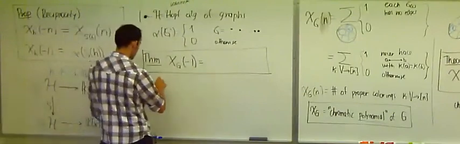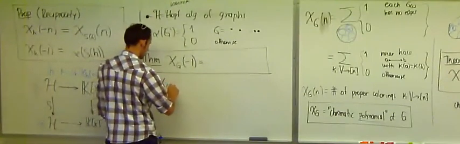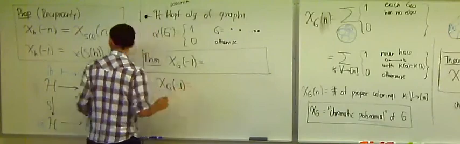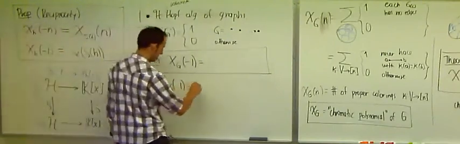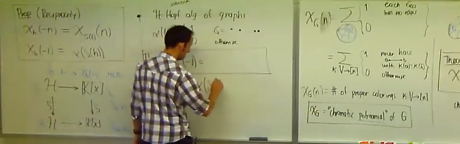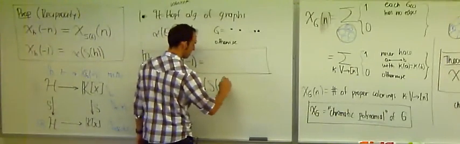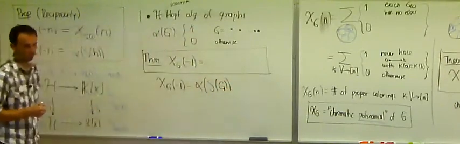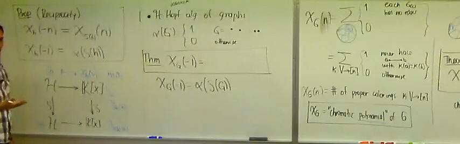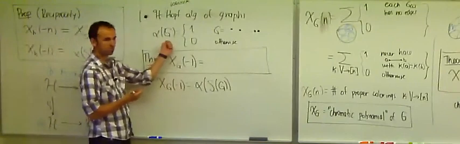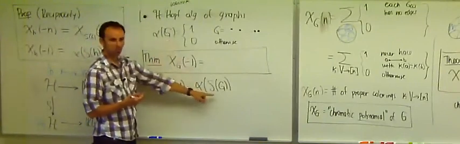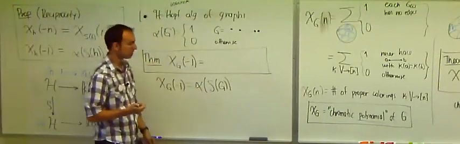So, what is it? Chi g of minus 1 is applying alpha to S of g. Now here's where you hope that you've understood this Hopf algebra well. Alpha is easy. Alpha is just this. Do we know what S of g is? Do we know what the antipode is here?